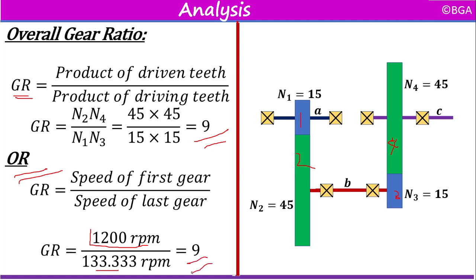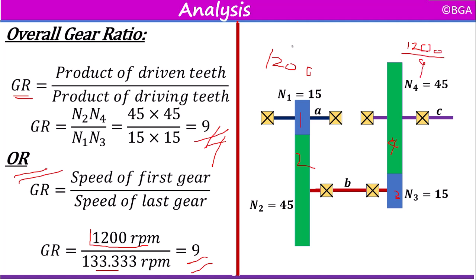But what is the meaning of this? Let's say here we said that the overall gear ratio is 9. That means the speed of the input gear is reduced by a factor of 9. That means if the input shaft has 1200 RPM, then the output shaft is going to have an RPM of 1200 divided by 9.